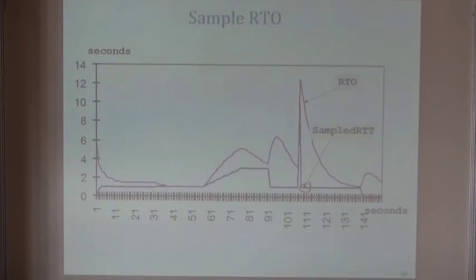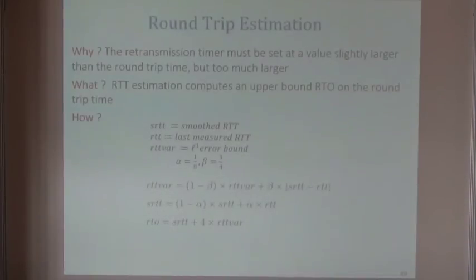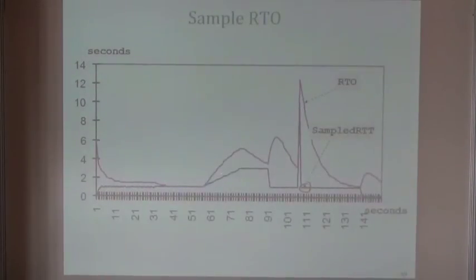The RTO, I forgot to mention, is the mean plus a number times the standard deviation. If this were Gaussian, we would say, with 95% probability, we find a 95% coverage bound by taking the mean plus 1.96, for example, or 2.32 times the standard deviation. Here we take 4, and this is not really square stuff, so it's approximate, but it does the job.